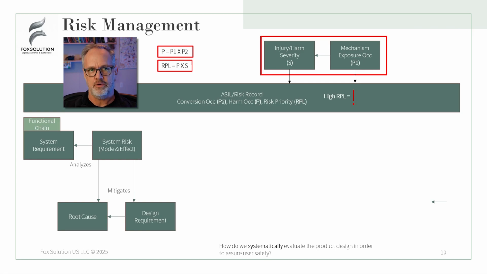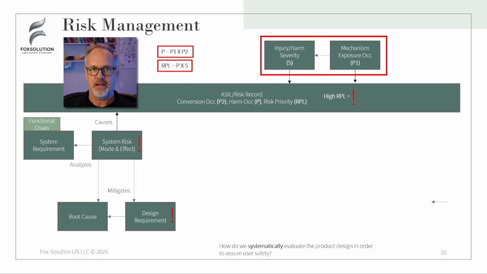So once we do this in a systems failure mode analysis, where we evaluate the risk, the root causes, and the mitigations that are the design requirements, that line item that is going to deliver the system requirement can then be connected to the risk record in a causal relationship. So this system risk causes the problem that leads to this hazardous situation.